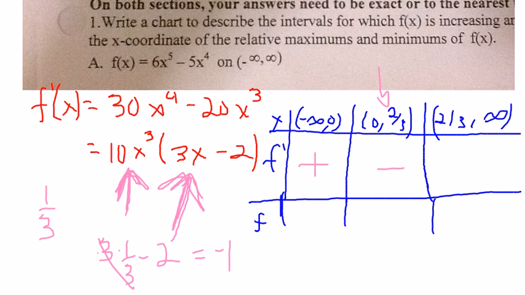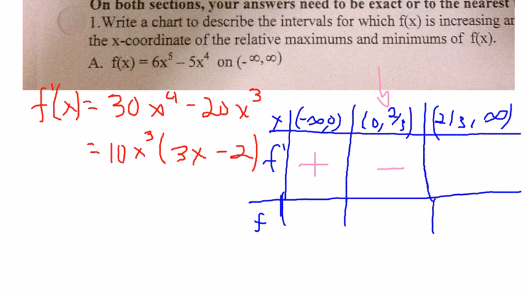Now I'm going to plug in 1 for the last interval. When I plug in 1, I get a positive, and here I do 3 times 1 minus 2, which is, the 3 wins, and it gives me a positive as well. So from here, now I know what f prime is doing, so I can say some things about what f is doing.